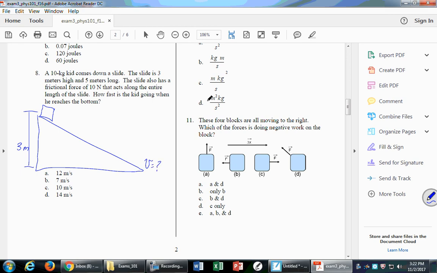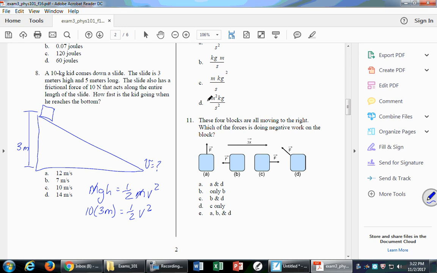Well, this is just like we've been doing. We say mgh equals 1/2 mv squared. Remember, no friction at all right now. M's cancel. That's 10 times 3 meters equals 1/2 v squared. And then you solve for that. The speed would be 7 point something.